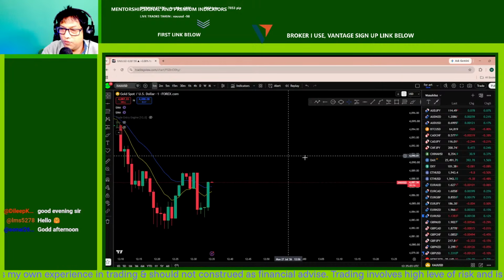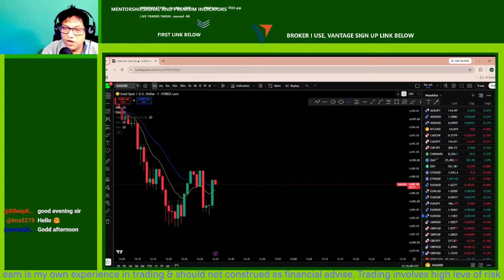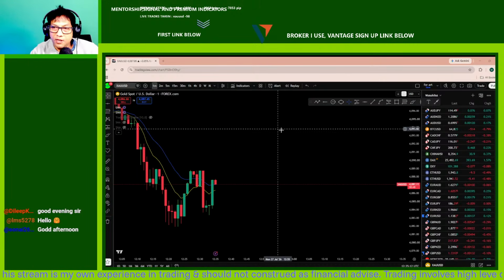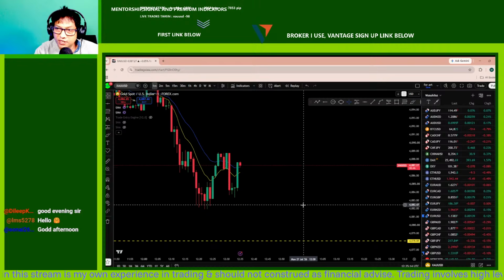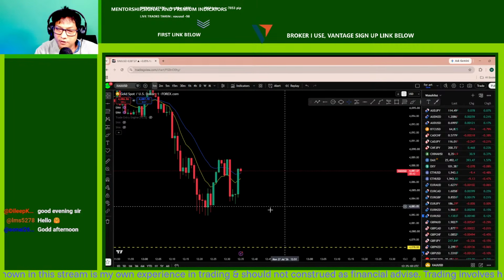There is a liquidity sweep along this area. So let's wait to see how the market shows, and based on that we will be opening an entry if we see a strong reaction at this support here.